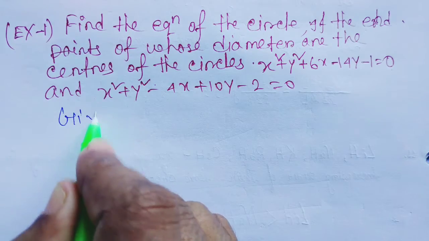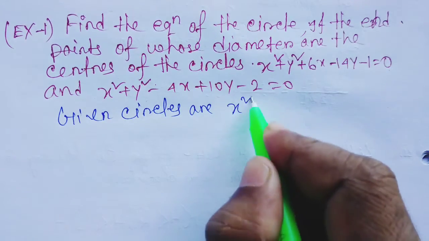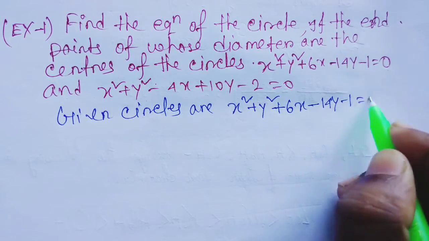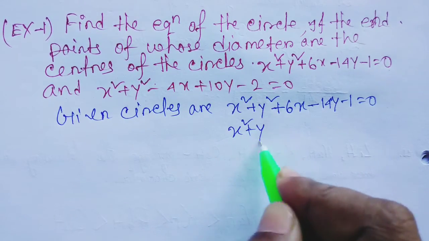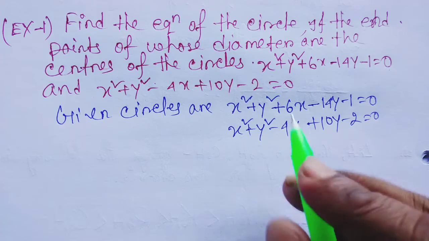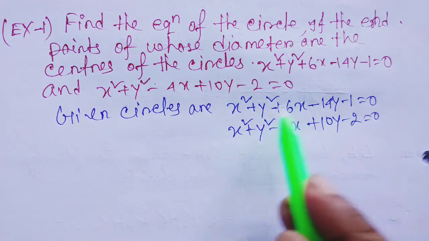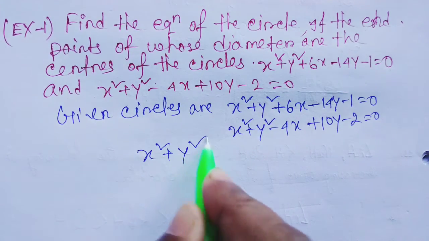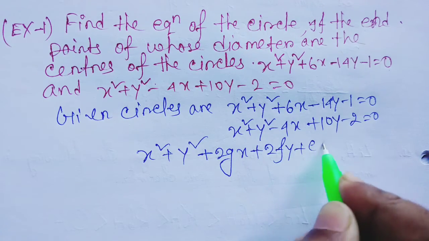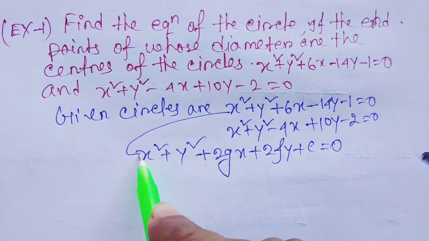So the given circles are these. At first we have to compare. On comparing these equations with x square plus y square plus 2gx plus 2fy plus c equal to 0, at first try to compare this with this.